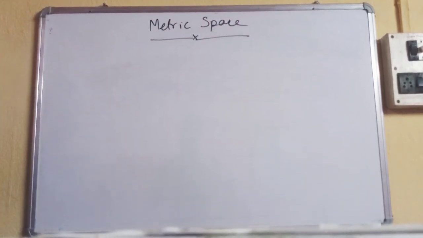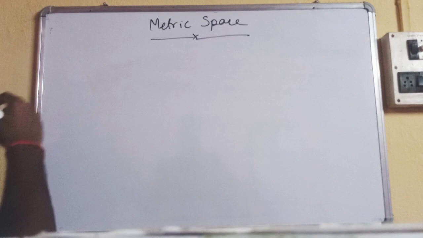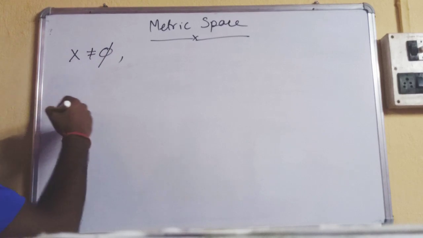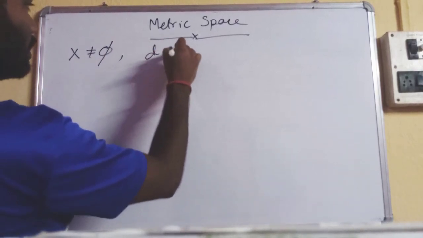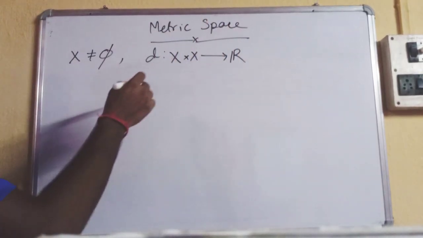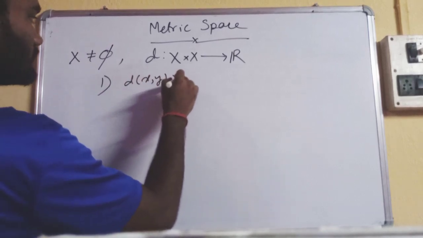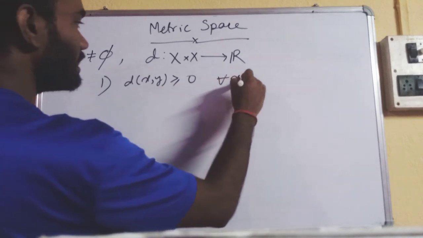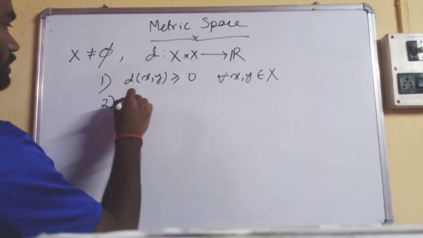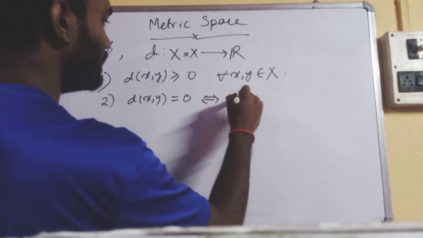So, to study topology, we need some knowledge about metric space. So, what is a metric space? Suppose X is any non-empty set and d is a function from X cross X to the real numbers R, and it satisfies some properties. Number 1, d(x,y) is greater than or equal to 0 for all x, y in X. Number 2, d(x,y) equals 0 if and only if x equals y.